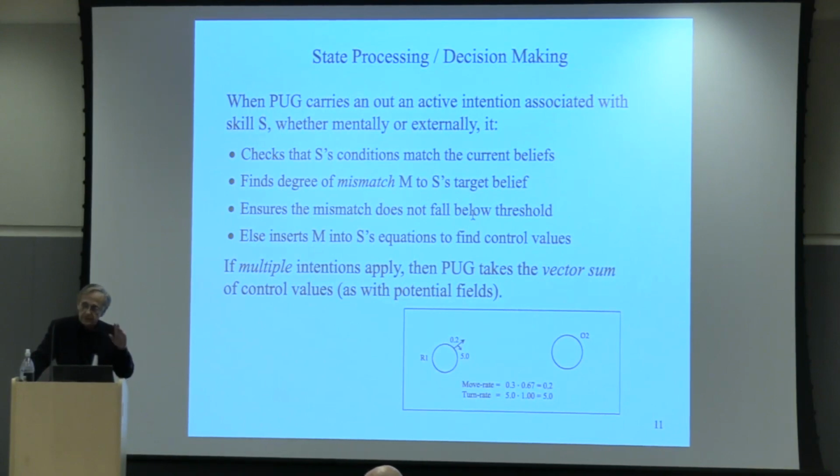If the mismatch is really low, you just don't worry about it. But if it's above a threshold, then you insert that mismatch score into the control equations. That calculates the values of control variables. And if more than one intention applies, then you take the vector sum of them. And that's very similar to what you see with potential field approaches to robot control.